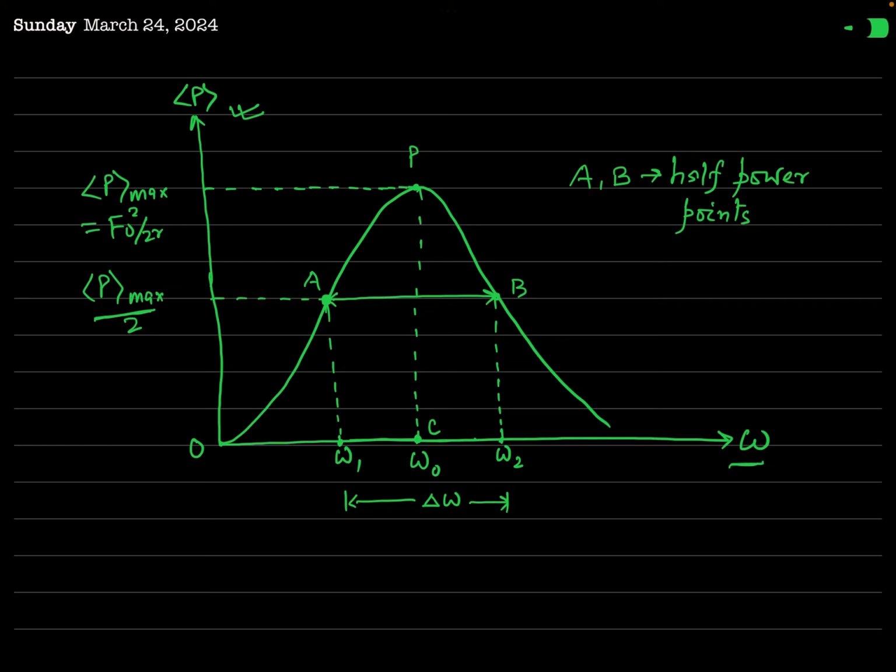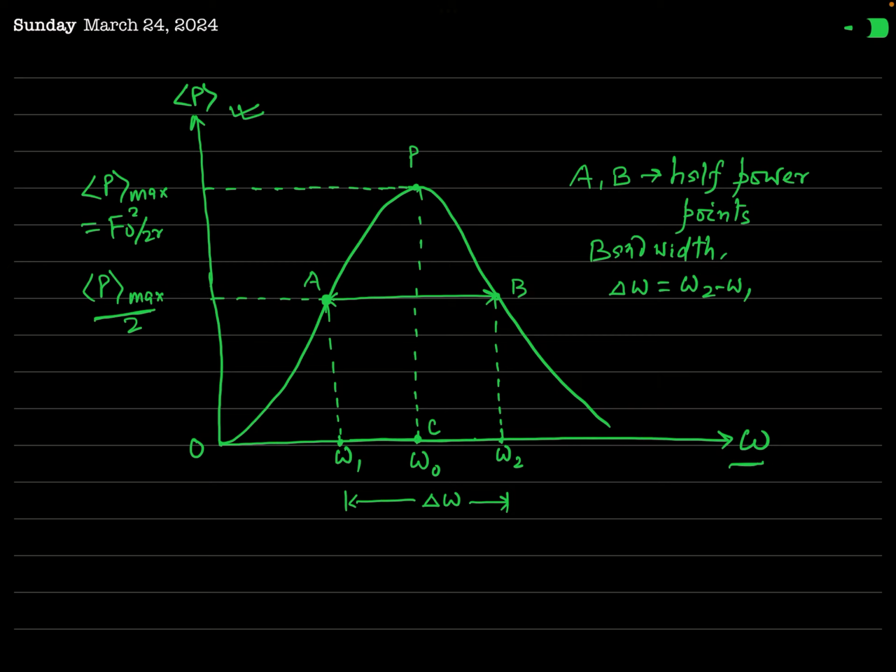In accordance with this figure, if you denote this bandwidth by delta omega, this will be simply equal to omega 2 minus omega 1.